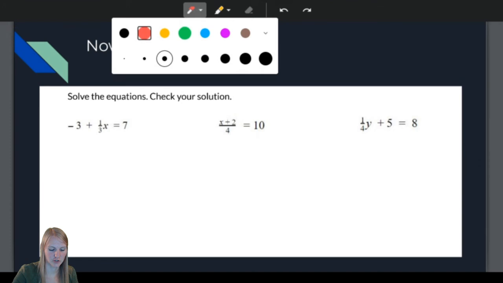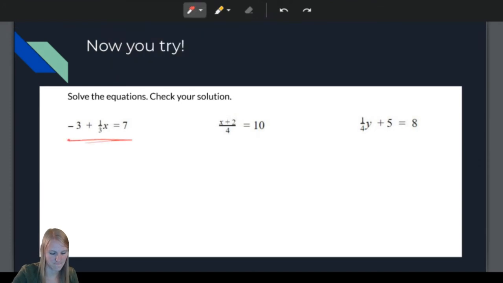So, this first problem right here, I'm going to do the thing furthest away from the variable first. So, I notice that the negative 3 is far away. And notice that the 3 is on the bottom only right here. So I don't need to multiply first. So I'm going to add 3 to both sides. Where's my other side?